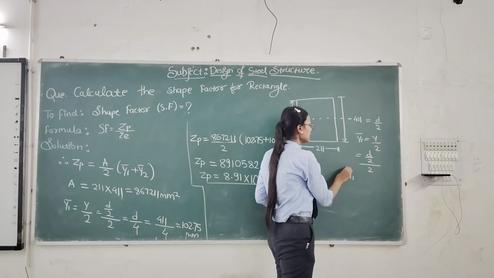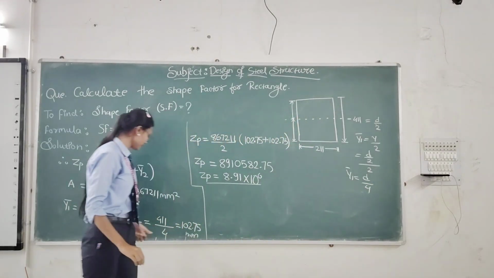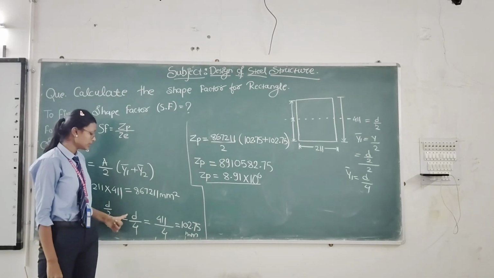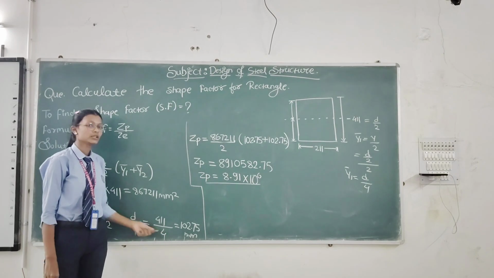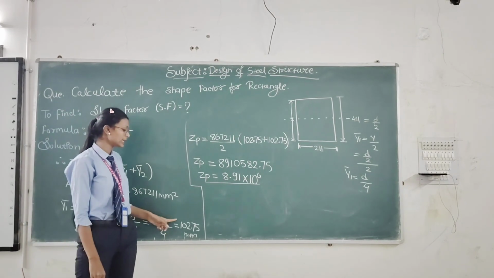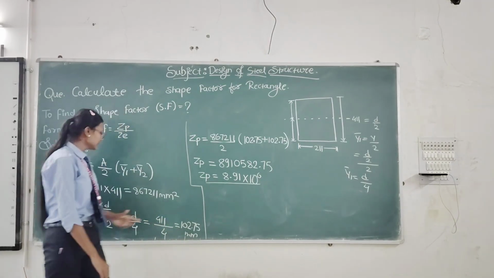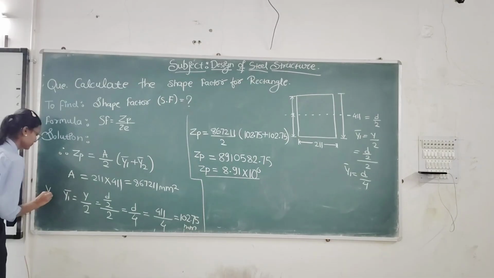So y1 bar is equal to d by 4. The value of depth is 411 and dividing by 4, after calculating, we get 102.75 mm. This is the value for y1 bar as well as for y2 bar.